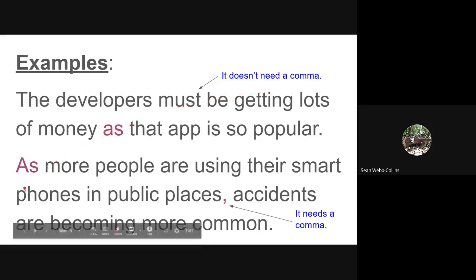Whereas in the second sentence, as more people are using their smartphones in public places, comma, we have the dependent clause first, so we need to separate it from the main clause. Accidents are becoming more common. It needs a comma because the dependent clause comes first.